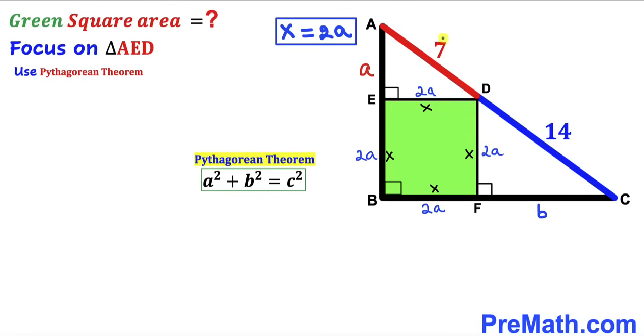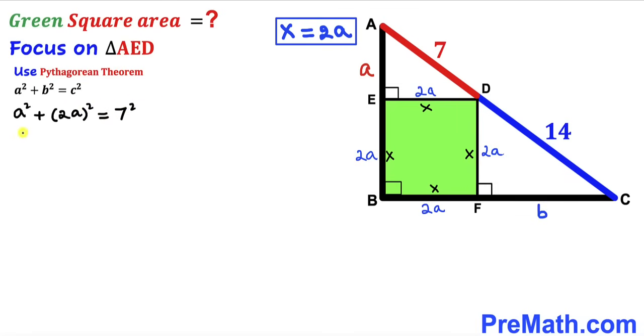In our case, the hypotenuse is 7, whereas the two other legs are lowercase a and 2a. Filling in the formula, we get a square plus (2a) square equals 7 square. Let's simplify: a square plus 4a square equals 49.